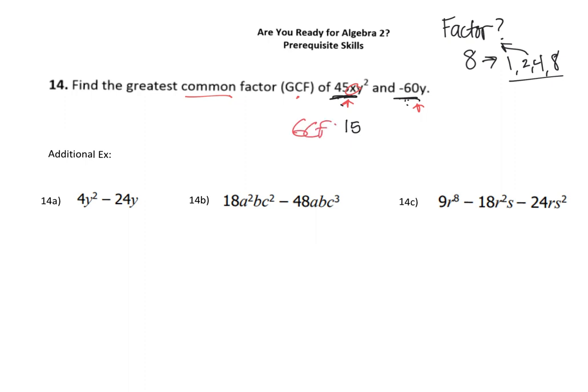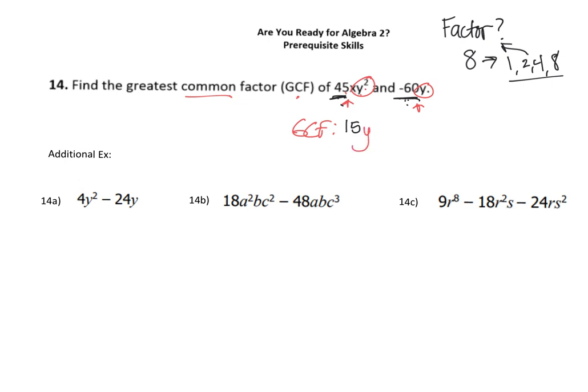Okay? And then I look at my y's. Let me erase right here so we can see better. I have y squared. That means I have 2 y's. And I have y. That's just 1 y. Now, because they have y in common, I can take out some amount of y's.